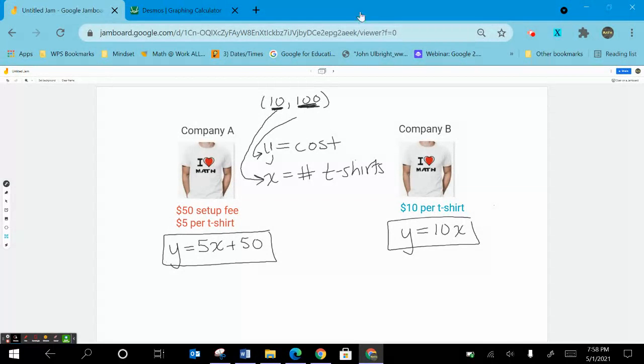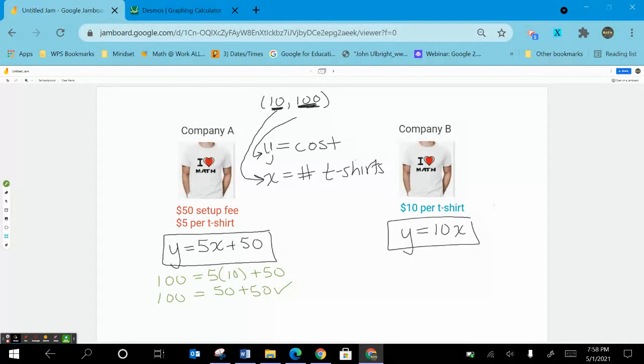I can also check this by substituting in the 10 and the 100 for x and y. So let's put in 10 for x, 100 for y. We have 100 equals 5 times 10 plus 50. So 100 equals 50 plus 50, and that is a true statement.